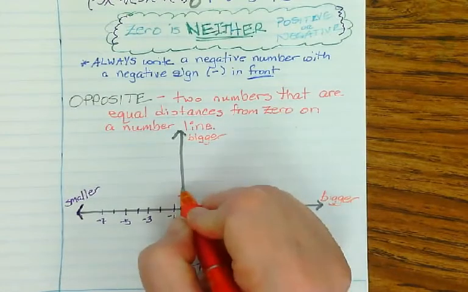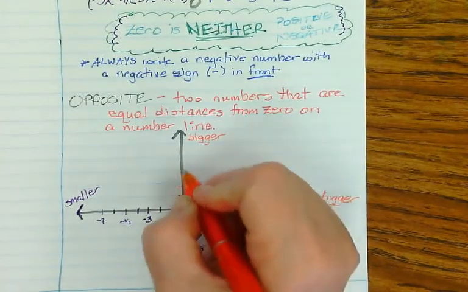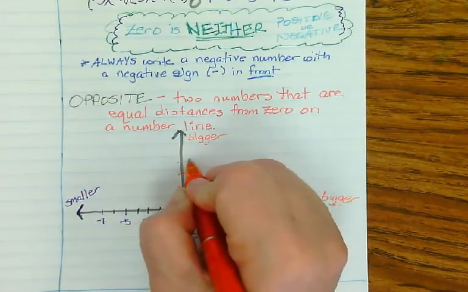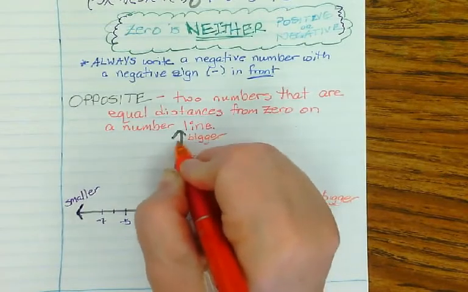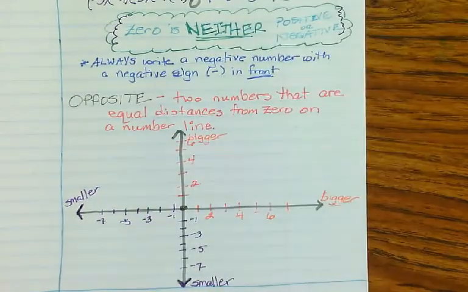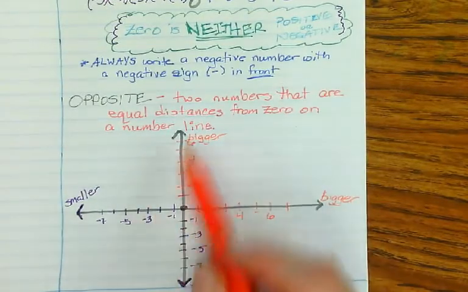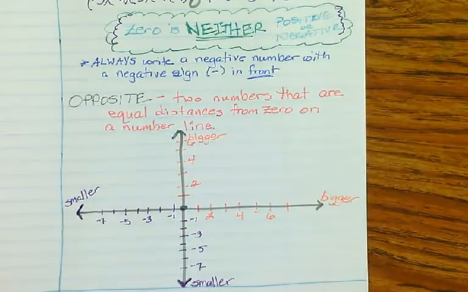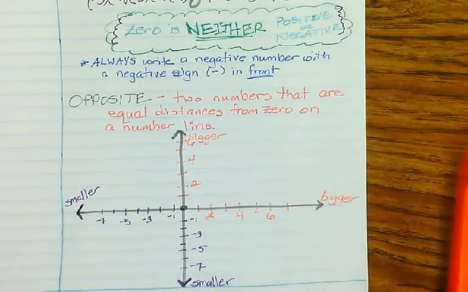And I've got 1, 2, 3, 4, 5, 6, and it keeps going. I want you to know where the numbers go. I'm going to be asking you to be putting numbers on a number line. And I'm also going to be asking you about opposites.